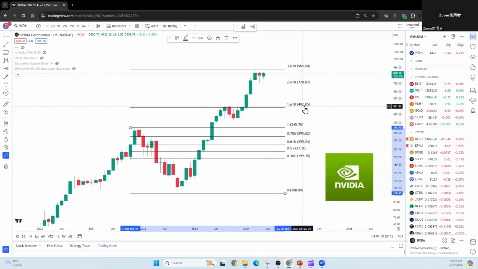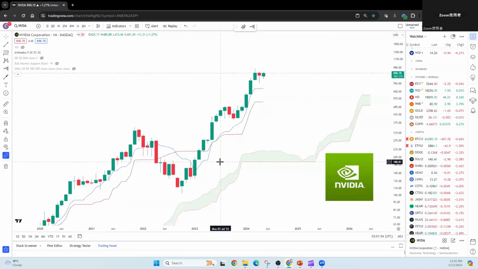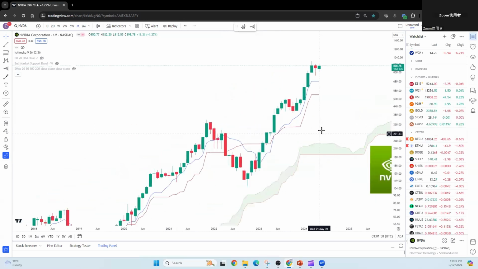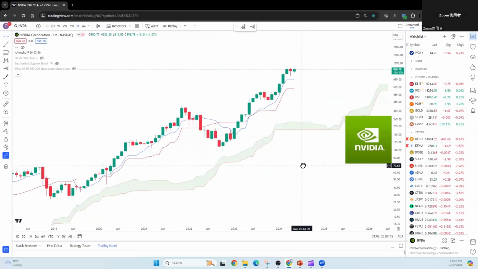The other thing to look at is the Ichimoku cloud, just real quick. I like to look at the Ichimoku cloud because it gives you a very good snapshot of what's happening. There are two lines I generally look at. The blue line is the Tenkan, or the conversion line, and the red line is the Kijun, or the baseline.